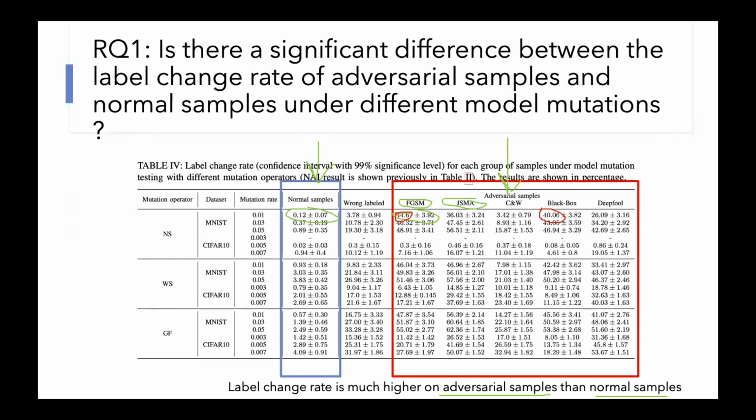Then I will raise another question: if they only focus on the successful attacks, why do they have similar results, and why is this number so low? Does the paper have any explanation for that?